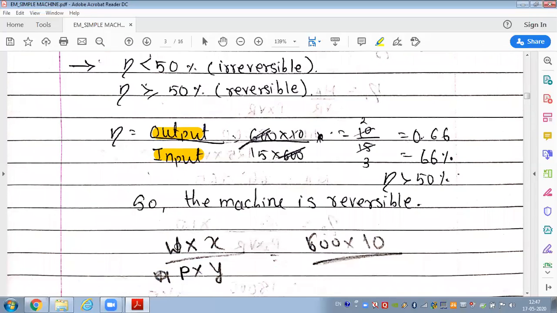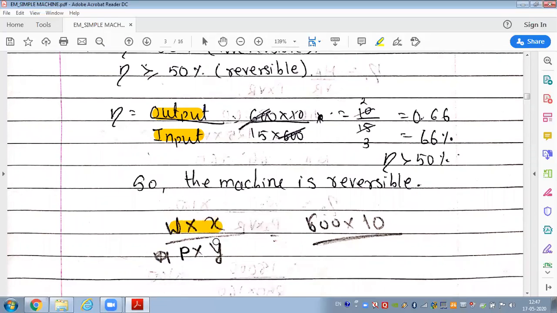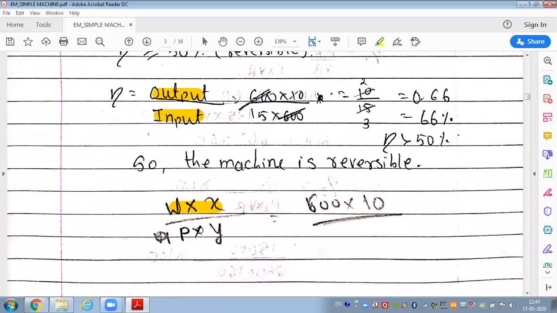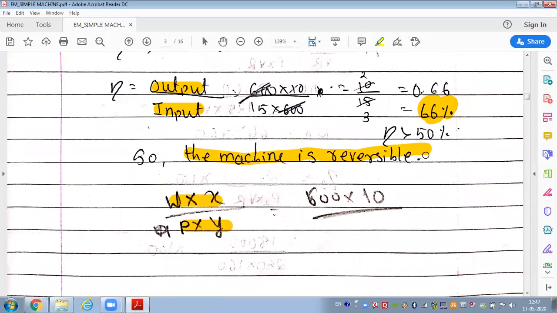The output is W into X and the input is P into Y, where W is the load and P is the effort. Put in all the given data and obtain the efficiency as a percentage. It is 66%. This value is greater than 50%, so finally the machine is reversible. This is the answer to our question.